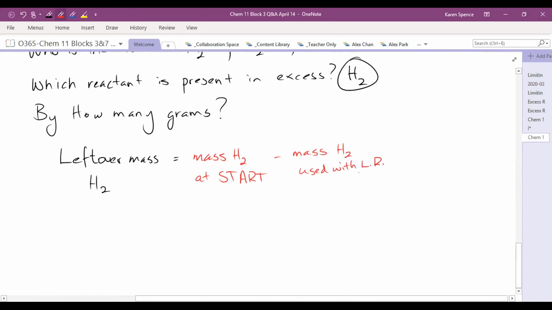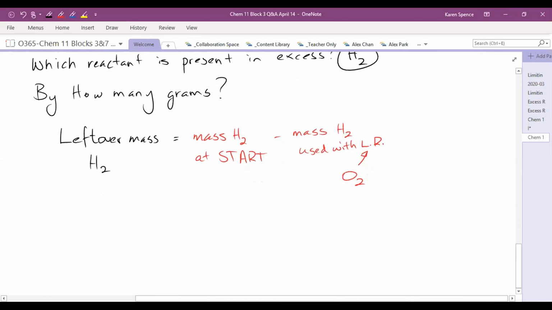And in this case, the limiting reactant is O2. So you're going to calculate the mass of H2 used starting from the O2. So, mass of H2 used up reacting with the limiting reactant, the O2. Woo, that was ugly.